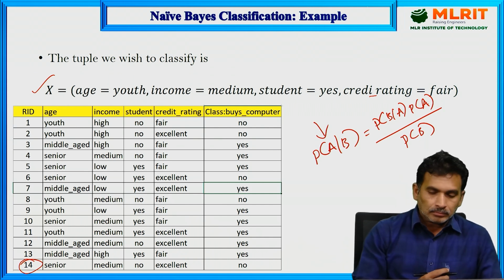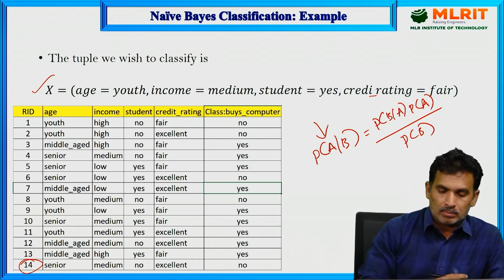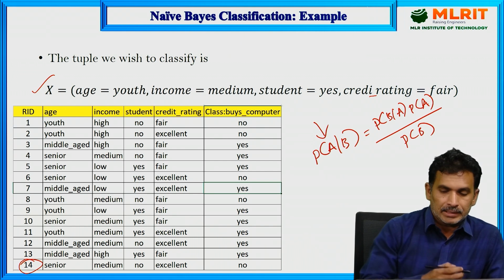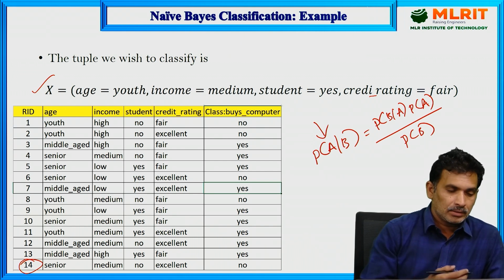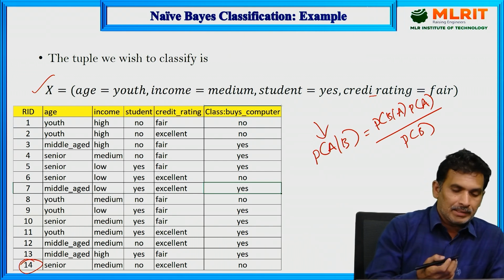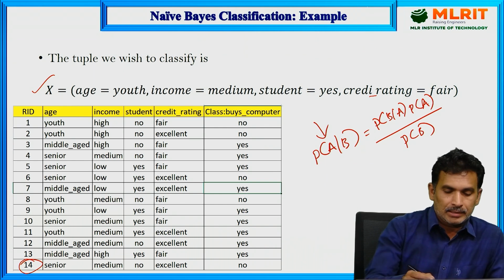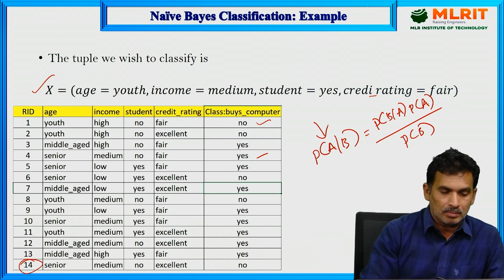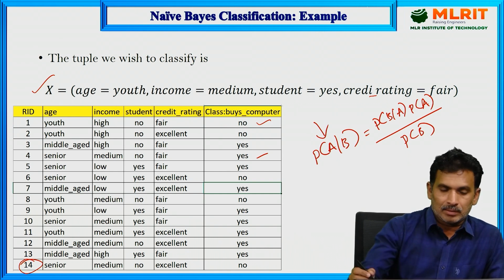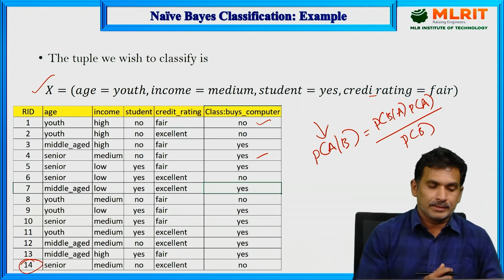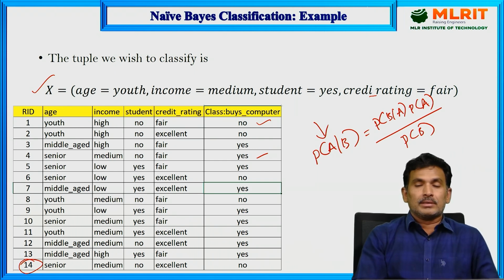So we have to calculate the probability of each class label. Like we have yes and no in this data set, what is the probability that the class label of x is no, and what is the probability that the class label of x is yes.